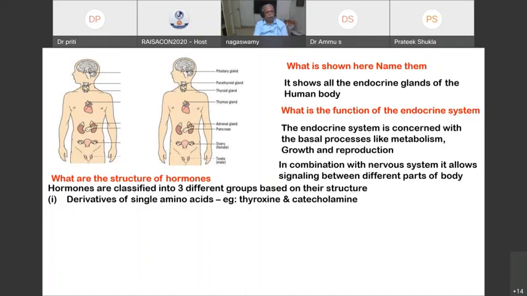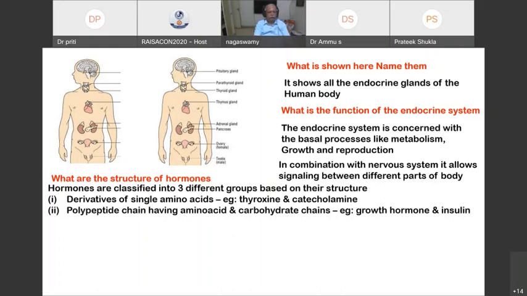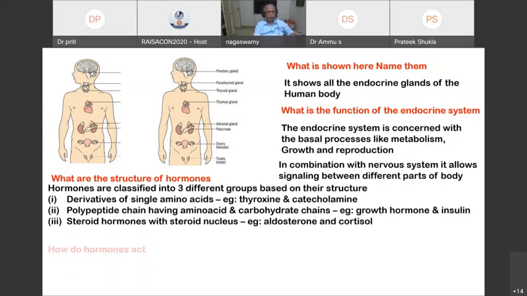Tyrosine is the basic amino acid for both thyroxine and catecholamine. Polypeptide chains having amino acids and carbohydrate, like growth hormone and insulin. Steroid hormones like testosterone, aldosterone, and cortisol. So these are the structural classification of hormones: single amino acid, polypeptide with carbohydrate chain, steroid.